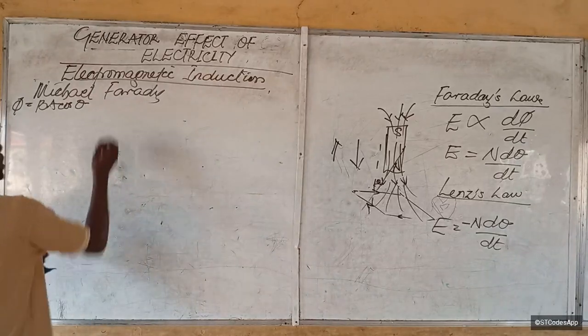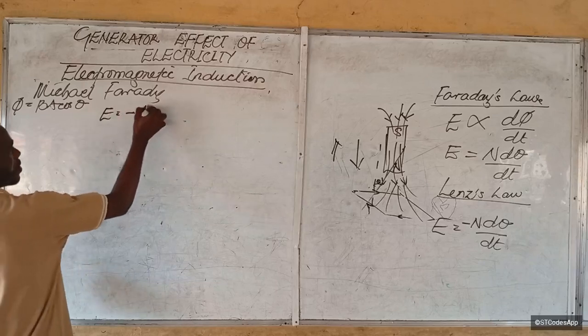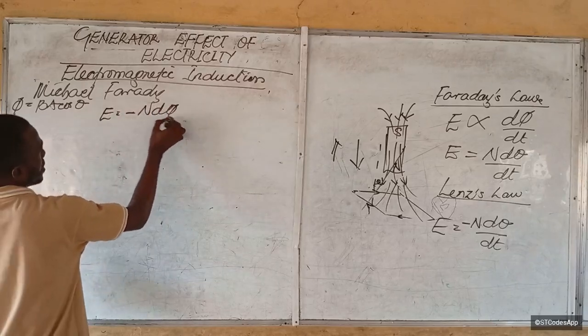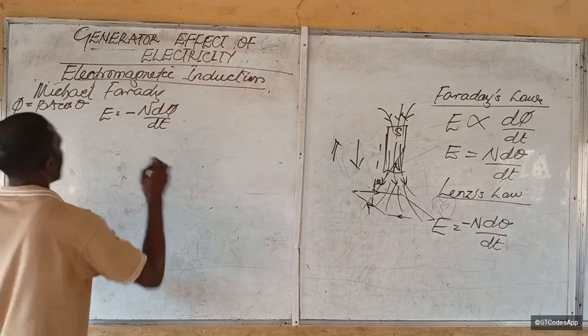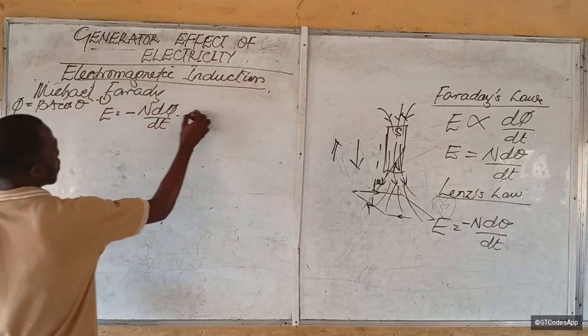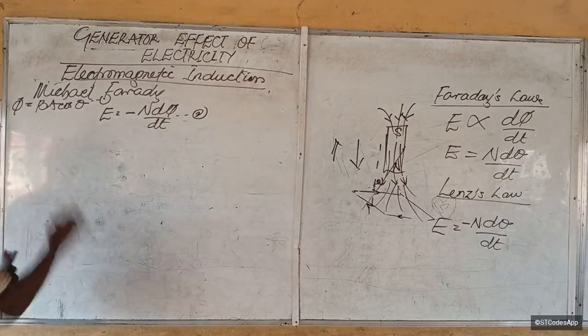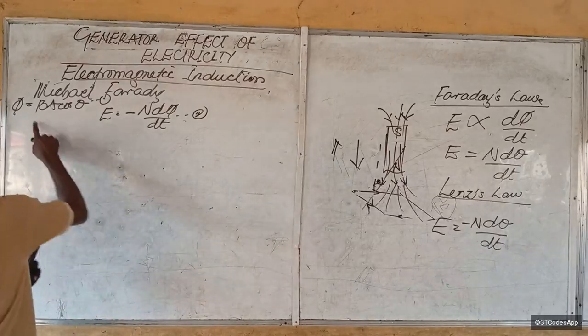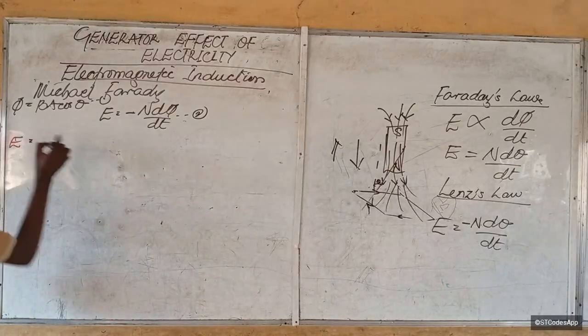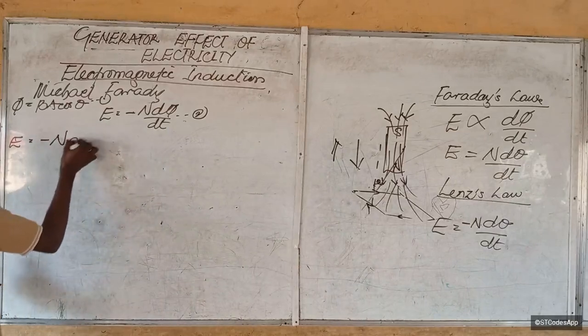Okay, so E is equal to minus n dφ/dt. Let's call this equation 1, and this equation 2. Recall that φ is all of this. If φ is all of this, therefore E will become minus n dφ.